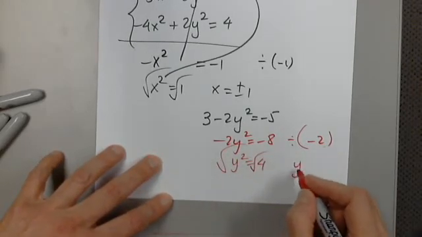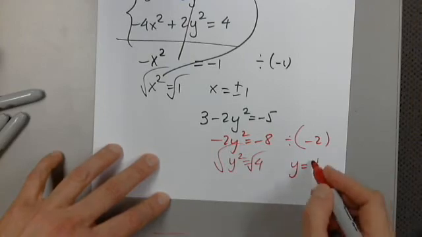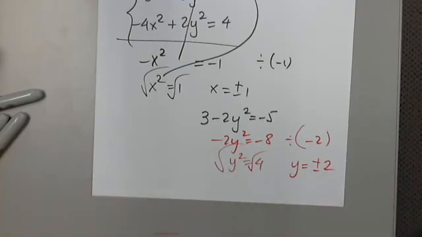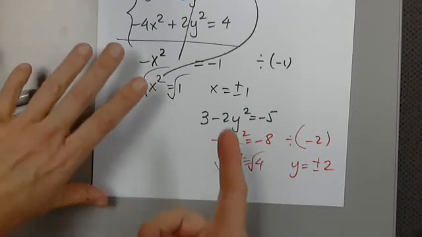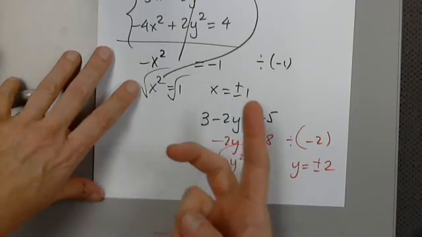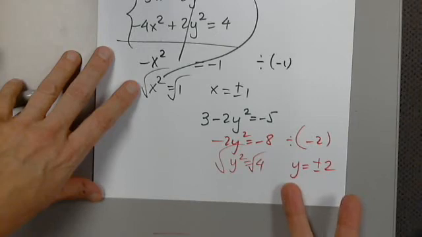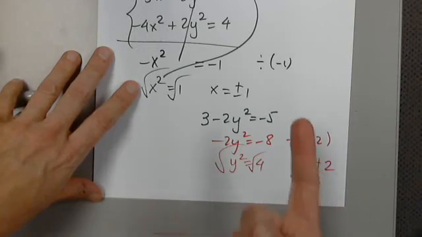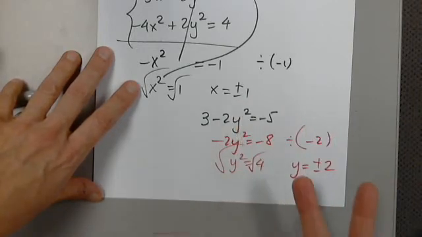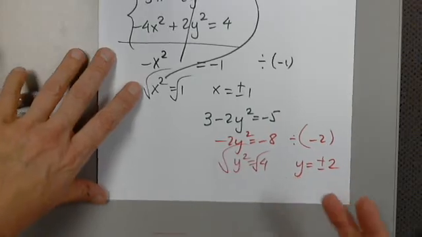Awesome. How many solutions do I get? Right. Now I have to list the solutions. When x is 1, how many options do we have for y? When x is negative 1, how many options do we have for y? 2.